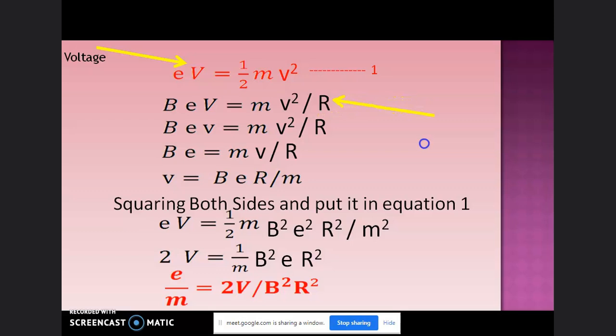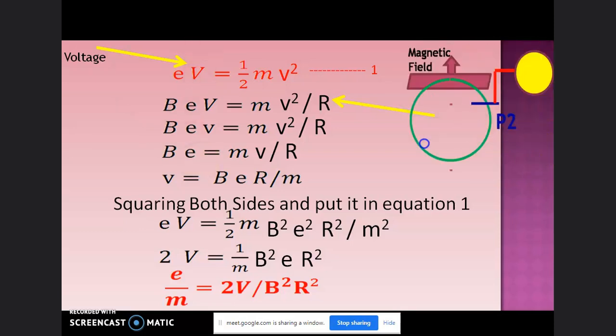Now after the magnetic field, what happens? Once we apply the magnetic field, the force becomes Bev, because B is the applied magnetic field, and this is equated to what? The electron takes a curvature path. So if we join this curvature path continuously, we get a circle.